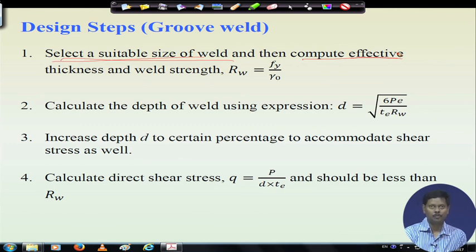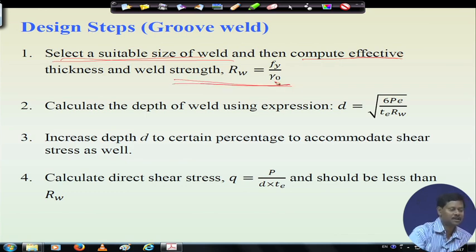Means if two plates are joined together, then from the thickness of the thinner plate, or in what way it is connected, we have to see, from that we can find out the group weld thickness, and also whether it is fully grouted or partially grouted, that also we have to see, and then we can find out weld strength also.